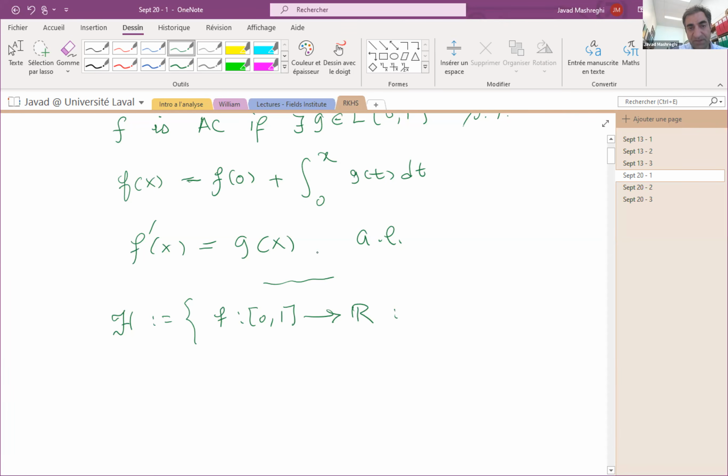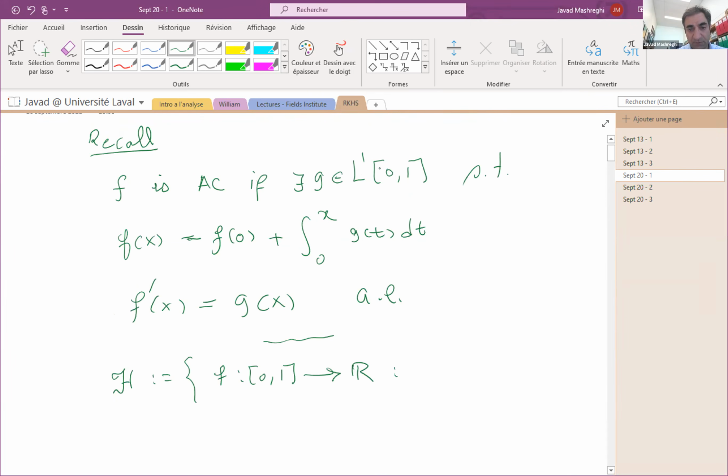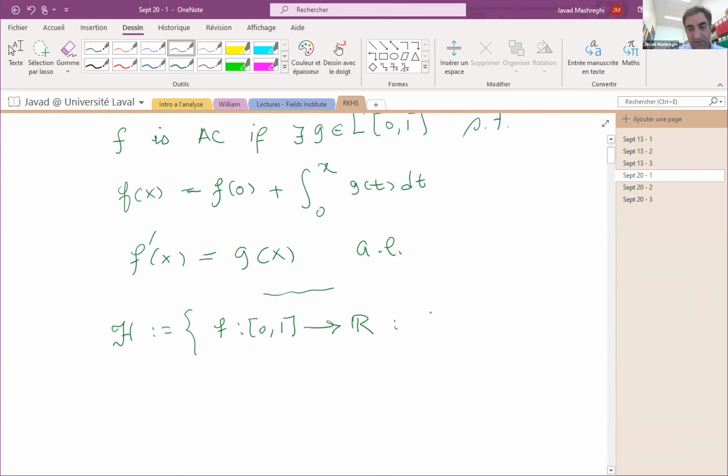First, this g in general we saw is in L1, but we put more restriction. We assume that f is AC, and moreover, this derivative, which has to be in L1 by definition, we now assume is in L2(0, 1), so its square is integrable.